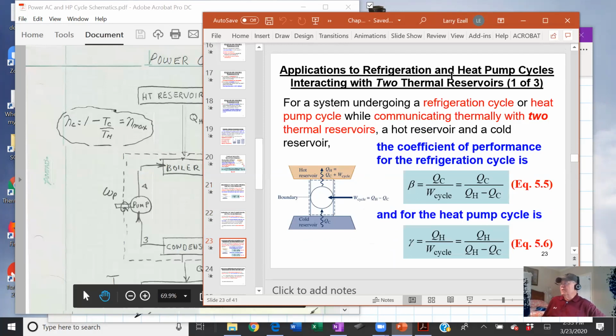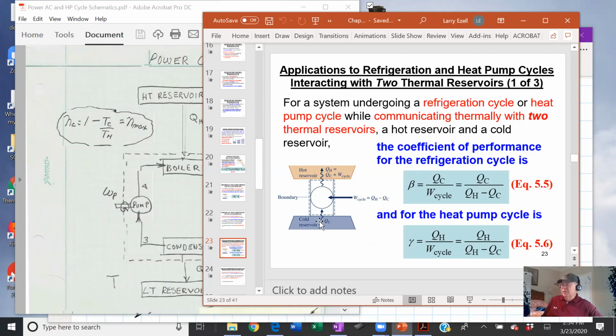Now, for a refrigeration and heat pump cycle, you see this little abstract system here. We've got a system in here, and it's actually able to pull heat out of this cold air.